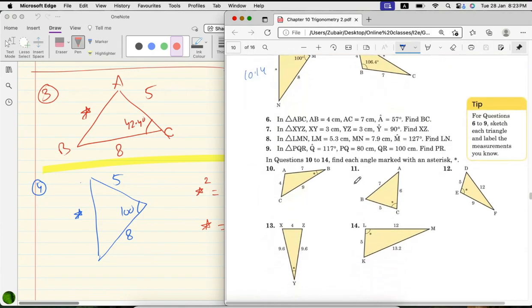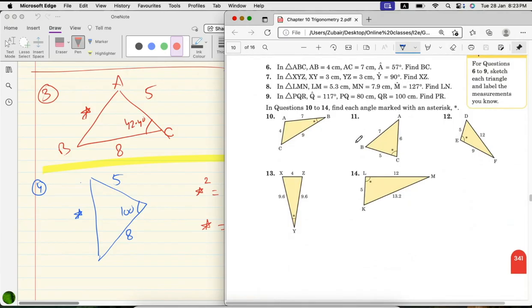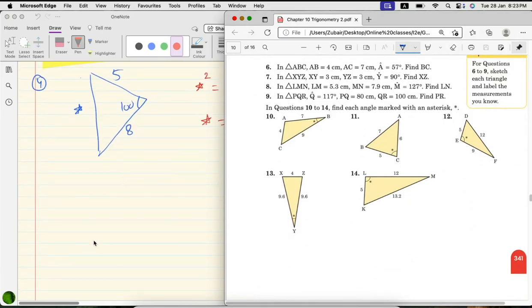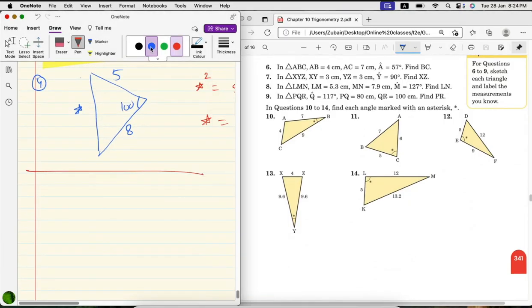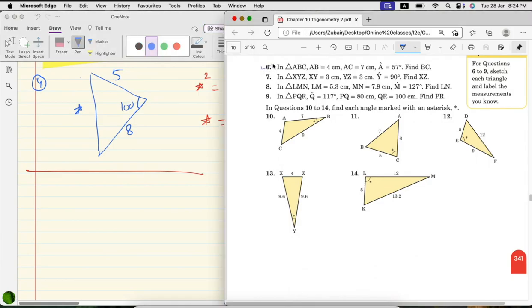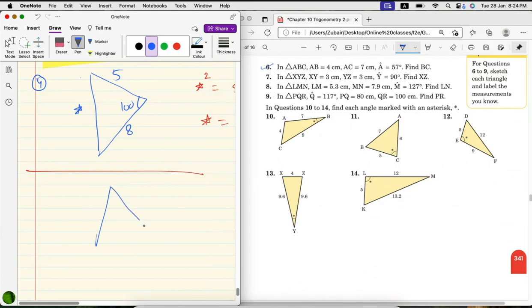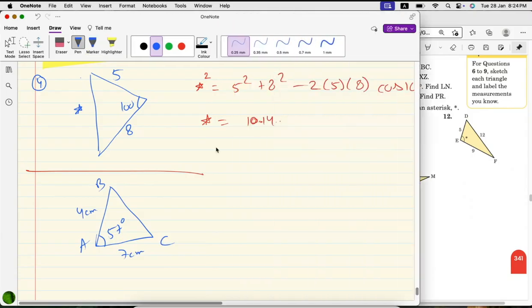Now let's see. Okay, now this is just a different writing style in question number 6. I'll just draw it. You need to comprehend the wordings. In triangle ABC, I've just drawn it. Maybe it would be obtuse. So just for information, ABC, where AB is 4 centimeters, AC is 7 centimeters, and angle A is 57 degrees. Find BC.